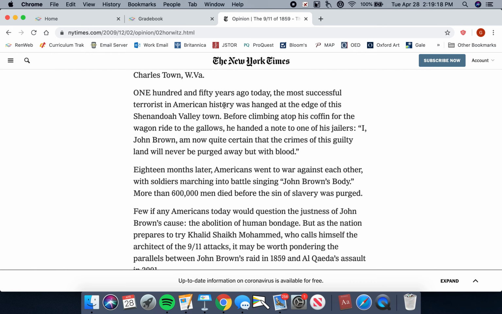So, in the same way that Brown's goal was to cultivate a kind of war against slavery and slaveholders, again, the extent to which he wanted to do that is kind of up for debate. He seems to claim that he wasn't really trying to do that, although his actions tend to kind of deny that fact. All right, much in the same way, the Islamic terrorists behind the attacks of 9/11, and indeed Al Qaeda as a whole, and indeed terror cells like ISIS, their whole goal is the point of their terrorism, the moral justification behind their terrorism, which, by the way, has a kind of theological and moral justification.